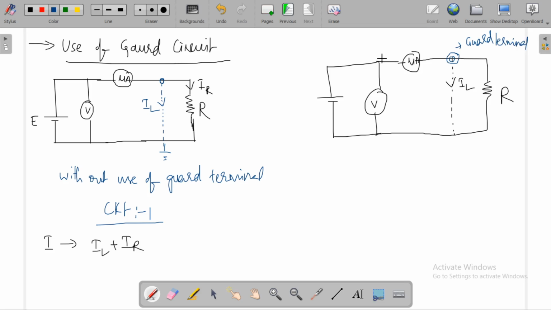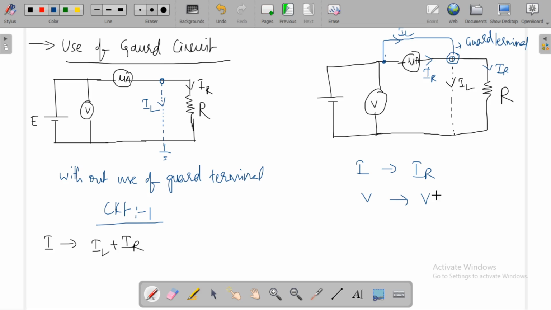Now, the current which is flowing through this ammeter will not include IL. Because of using this guard terminal, IL bypasses through this path. It measures only IR, so the ammeter measures only IR.